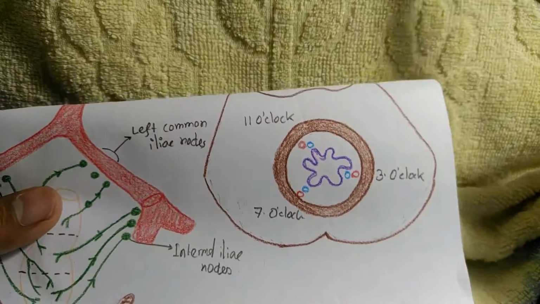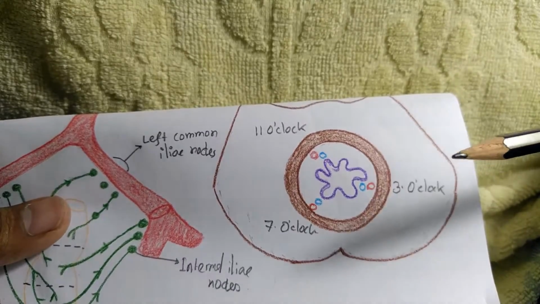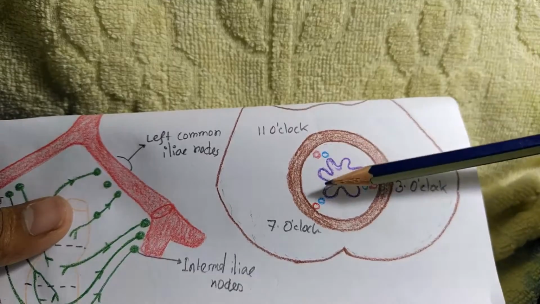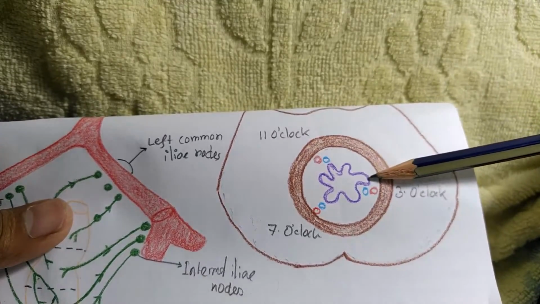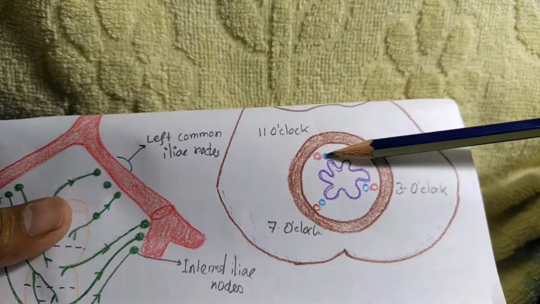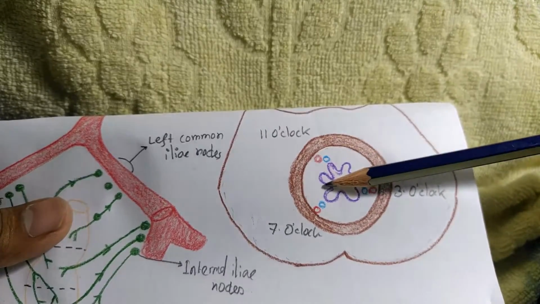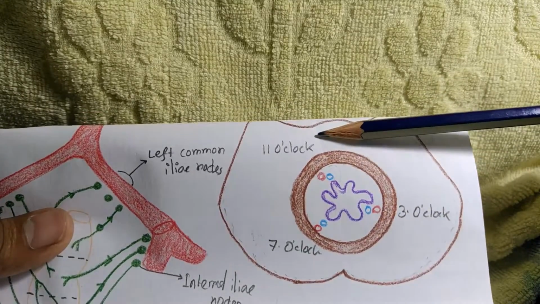So here is what I said about the superior rectal vein. These two are the right branches, and this is the left branch. The left lateral branch forms the 3 o'clock position, the right anterior branch forms the 11 o'clock position, and the right posterior branch is called the 7 o'clock position.